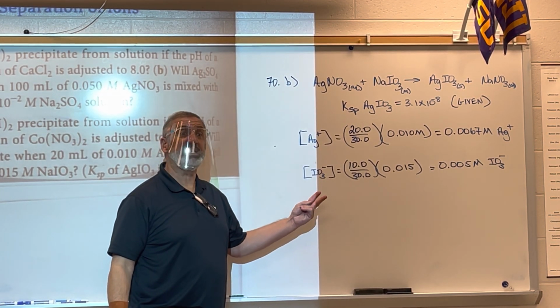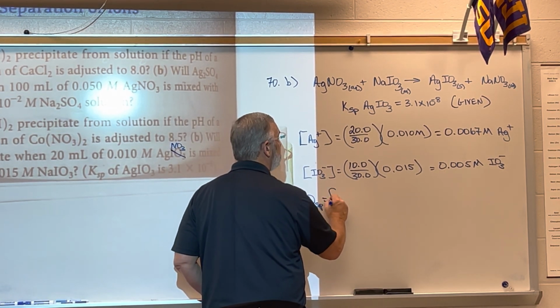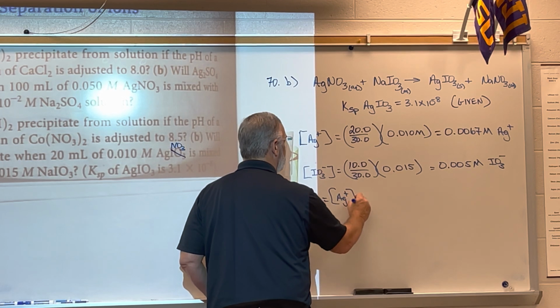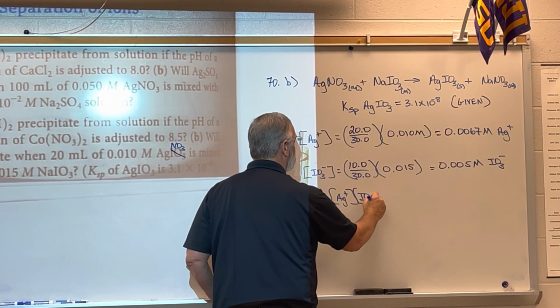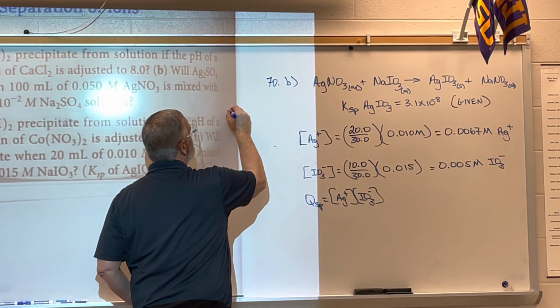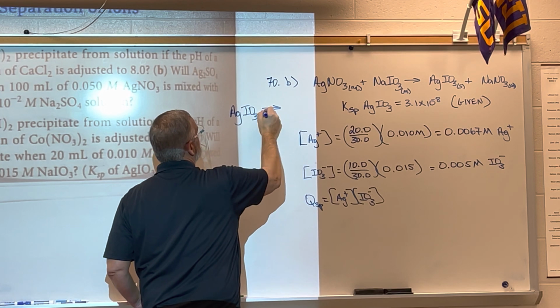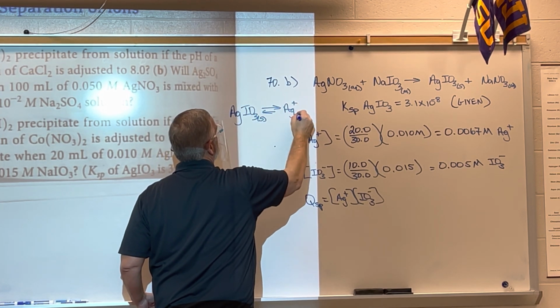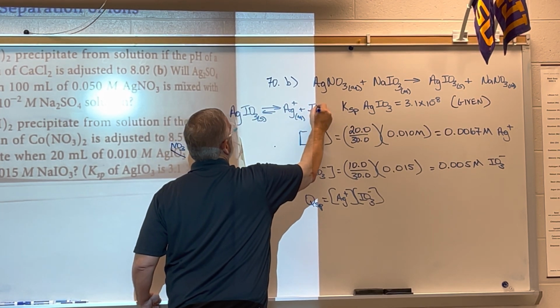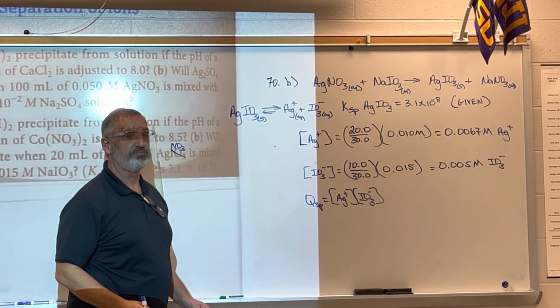Step 2, calculate Q, plug into my Q expression. Q is simply going to be Ag plus times the IO3 minus, it's 1-to-1. Okay, got it right out of the equation: AgIO3 goes to Ag plus and IO3 minus. So that's my equilibrium expression.